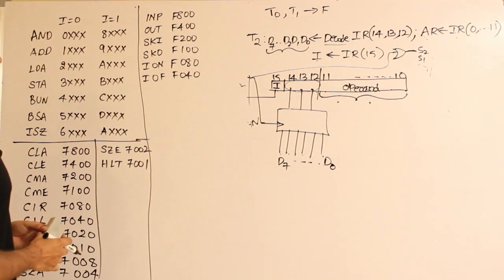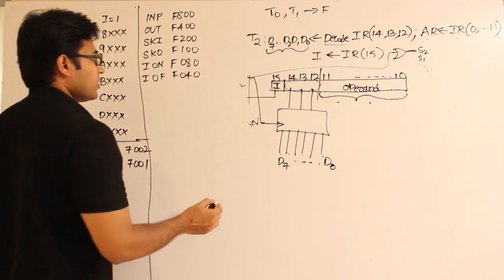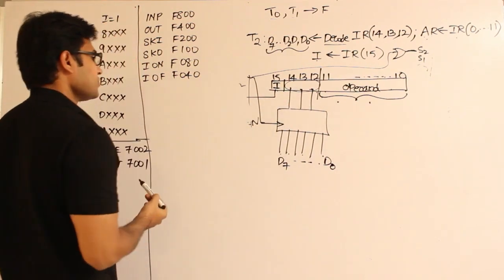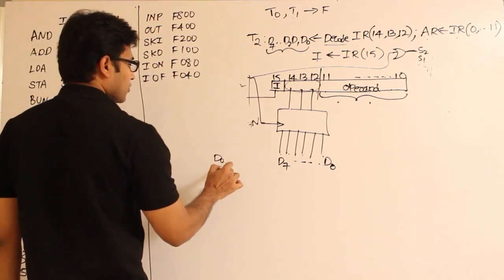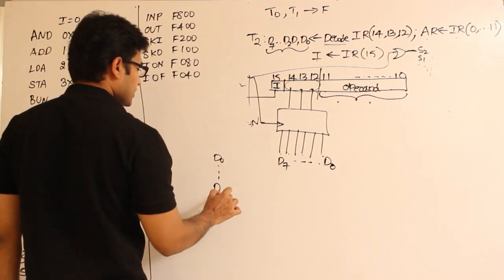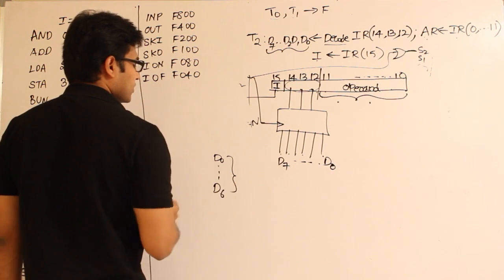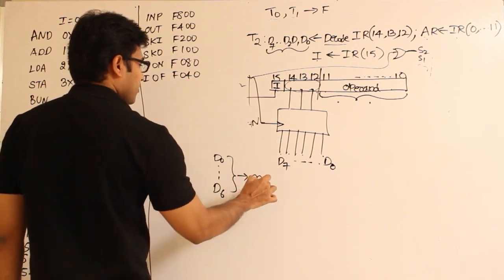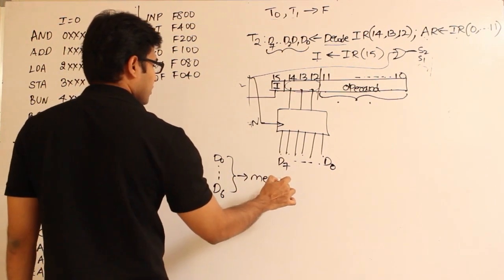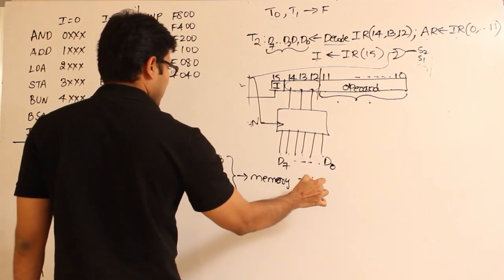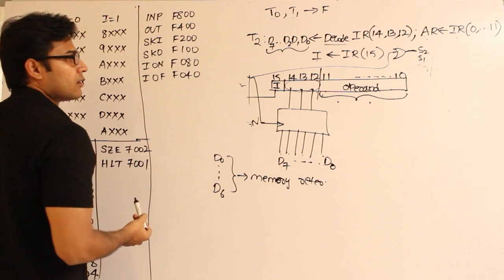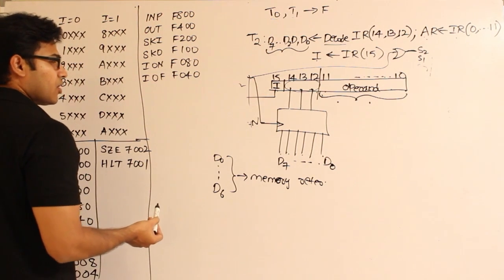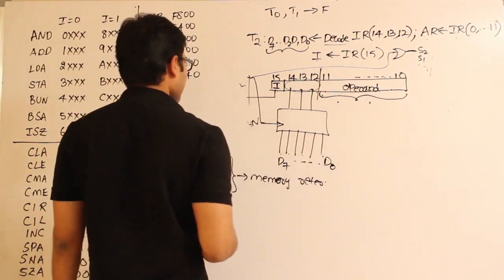Depending on these 3 bits, we have various types of instructions. For D0 till D6, all these instructions are memory reference. So memory reference means the second part is going to be an operand address, either direct or indirect.